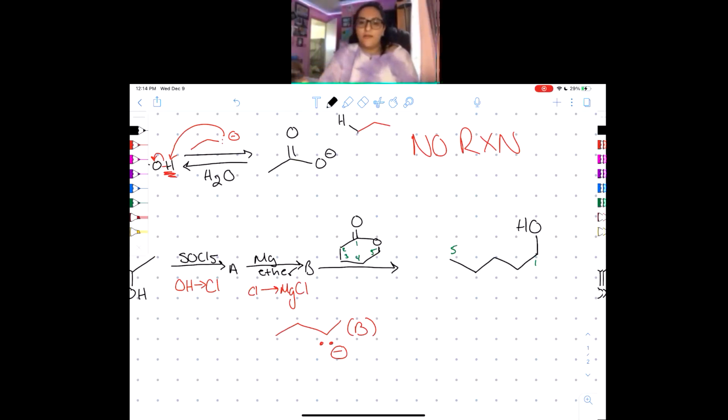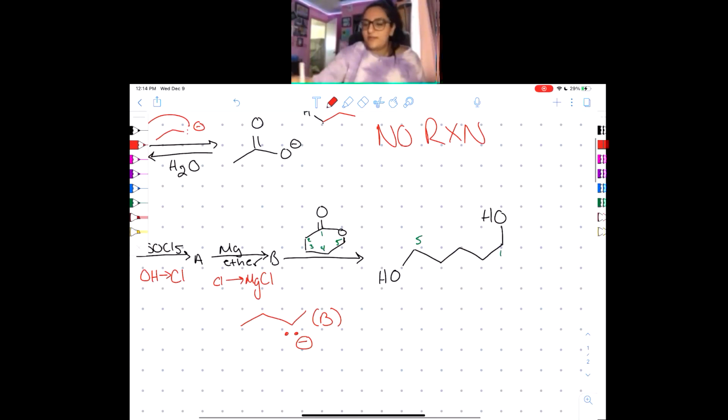What substituent do we have on carbon number 5? OH, perfect. And so then on carbon 1, you guys told me we are also going to do this reaction 2 times. So we have the Grignard added twice.